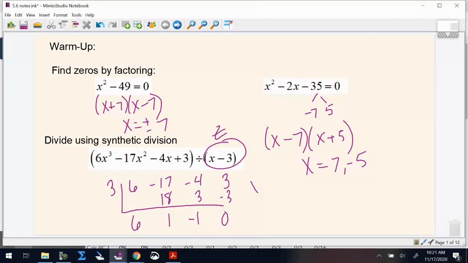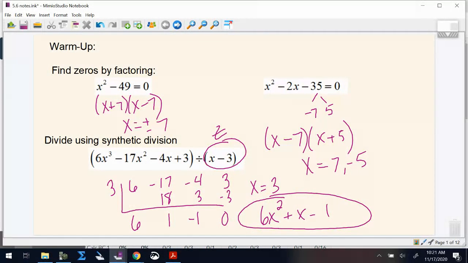What that means is that x equals 3 must be a solution or a 0 or an x-intercept of this. And what I'm left with when I divide is 6x squared plus x minus 1. If I want to see if I can find more zeros of this, I would have to either try to factor it, or I would have to go to the graph of it and see if there are any other places where it crosses the x-axis.